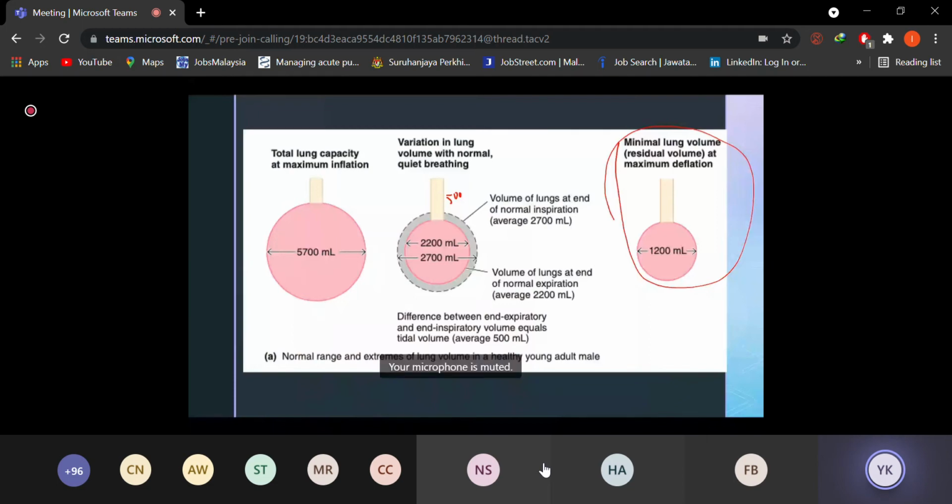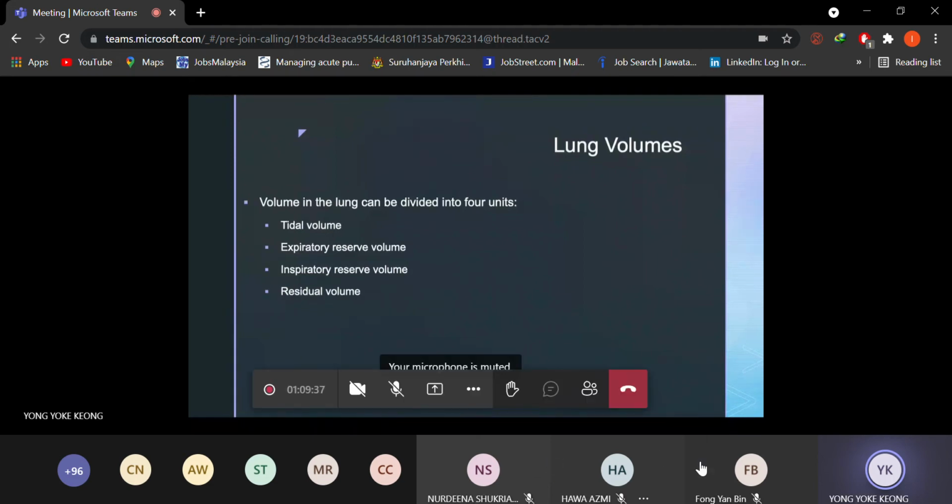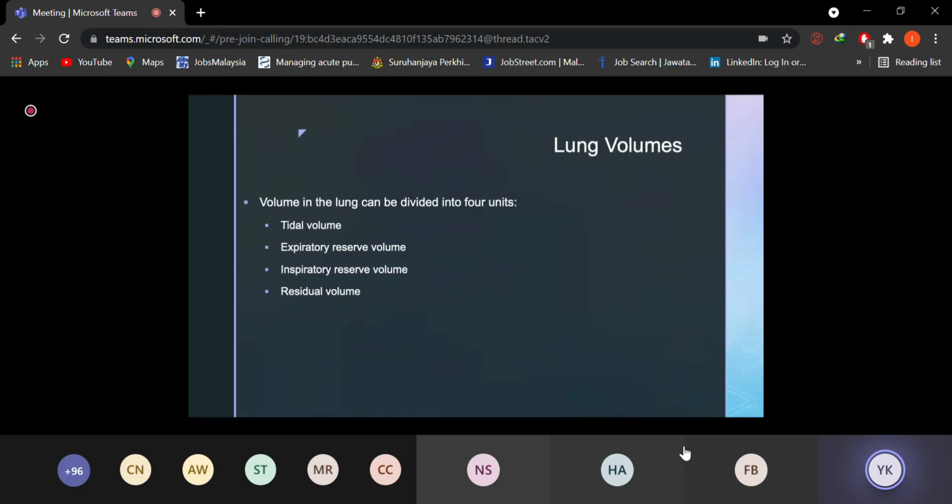So take a look at the lung volumes. Lung volumes can be divided into 4 units: the tidal volume, expiratory reserve volume, inspiratory reserve volume, and the residual volume.